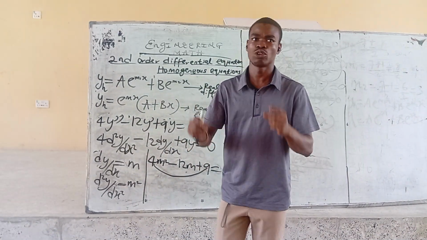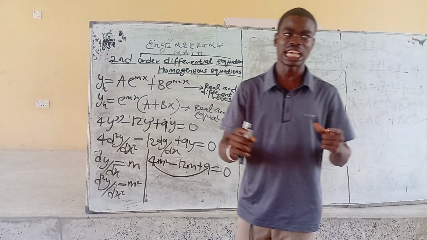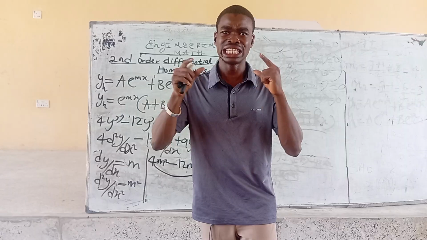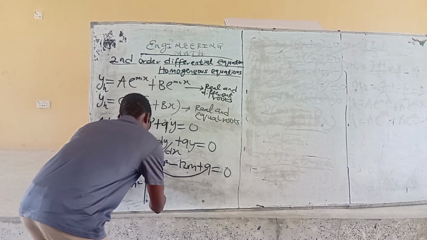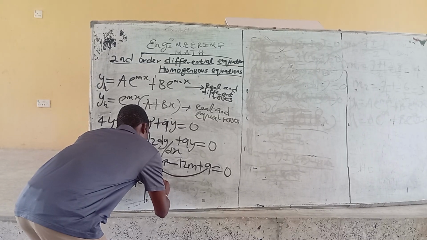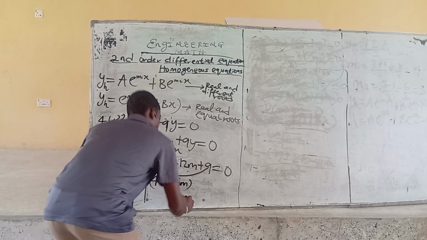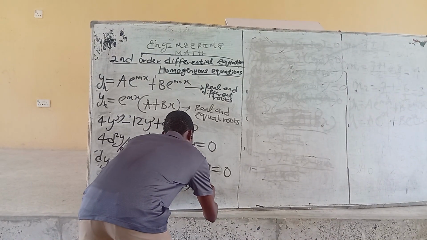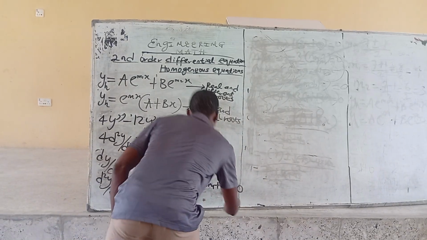Minus 6m minus 6m will give you minus 12m. Then minus 6m times minus 6m will give you 36m squared. Understood? So that's going to be 4m squared minus 6m, then minus 6m plus 9 equals 0.